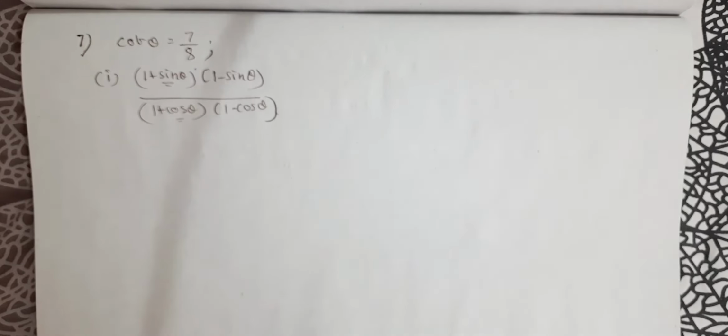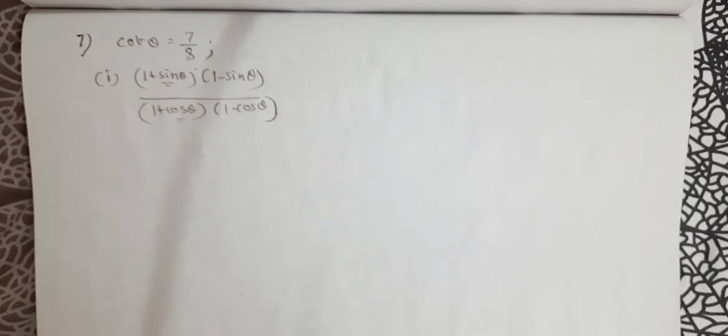Suppose we take theta here. The solution part here says like this. Cot theta is equal to 7 by 8, but what is cot equal to? It is base by perpendicular. When I am taking theta here, this becomes the base, and this becomes the perpendicular.